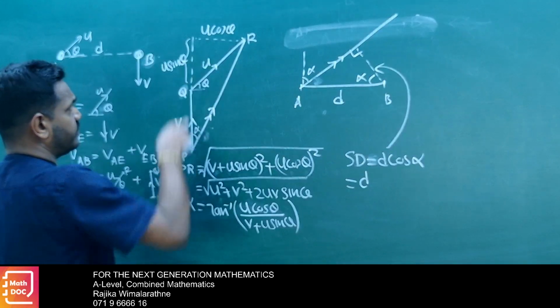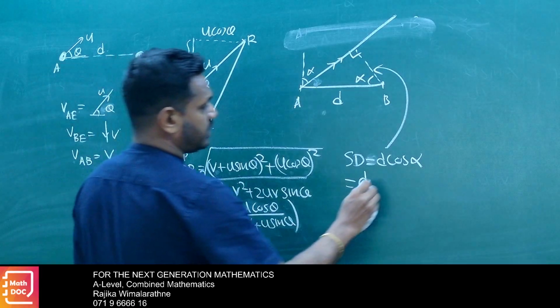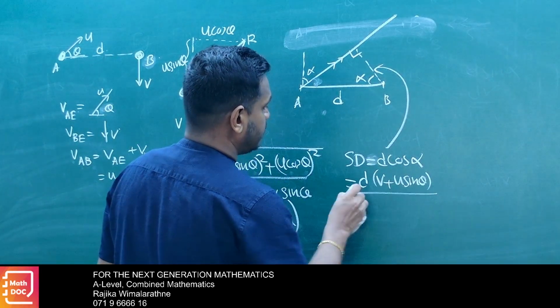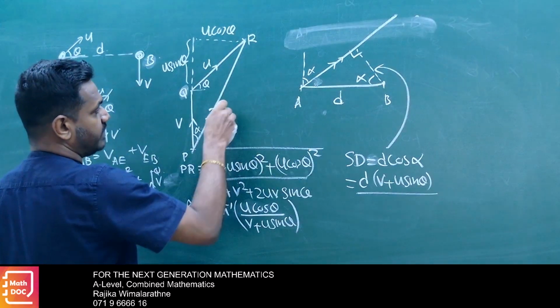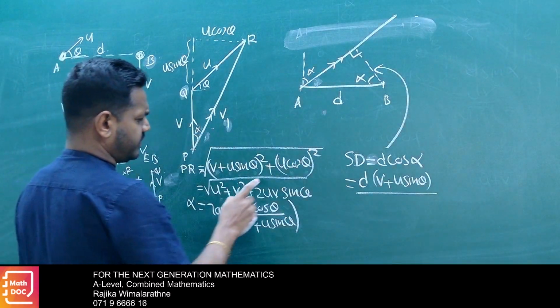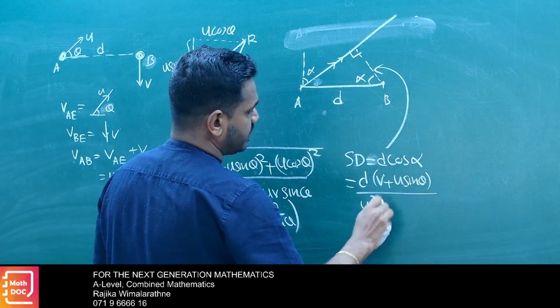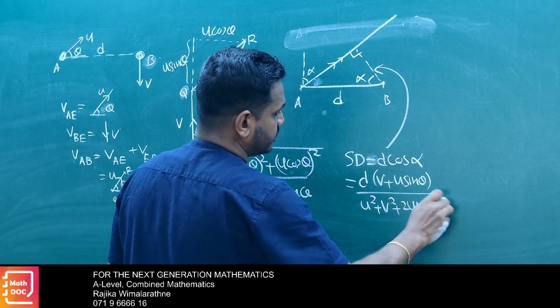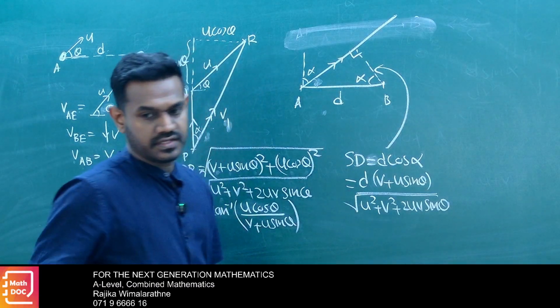Cos alpha is V plus U sin theta divided by V1. Here V1 we know is the square root of U squared plus V squared plus 2UV sin theta. That's how we get it, no?